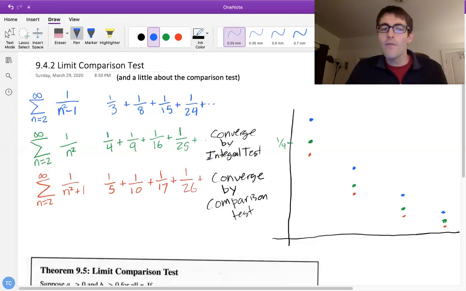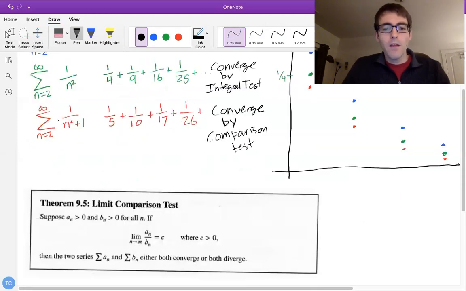However, all these series look really similar. In fact, especially as we start approaching infinity, these are going to get clustered really close together. So we really want to say that this blue series feels a lot like the green series. And what the limit comparison test does is it lets us make a statement like that. A statement that says, hey, a particular series looks similar to, or behaves in a similar way to, a series I already understand.